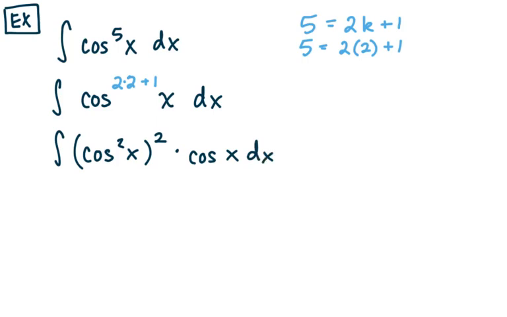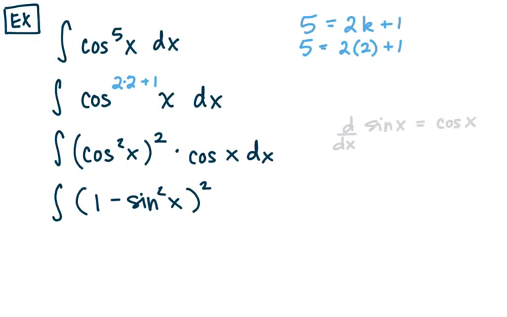So we said when we have that cosine squared, we're going to sub in our Pythagorean identity. And cosine squared is 1 minus sine squared x. That would be quantity squared. And then we're left with cosine x dx. So remember, d dx of sine x is equal to cosine x.